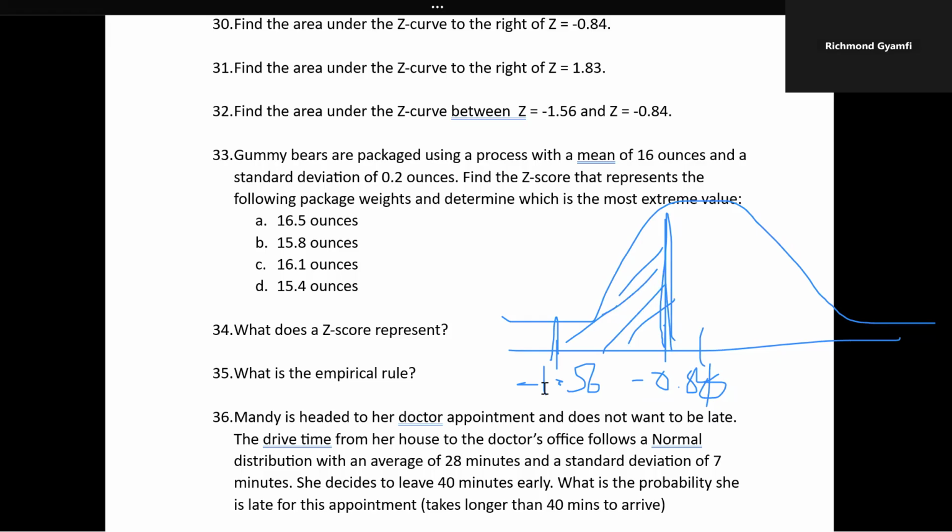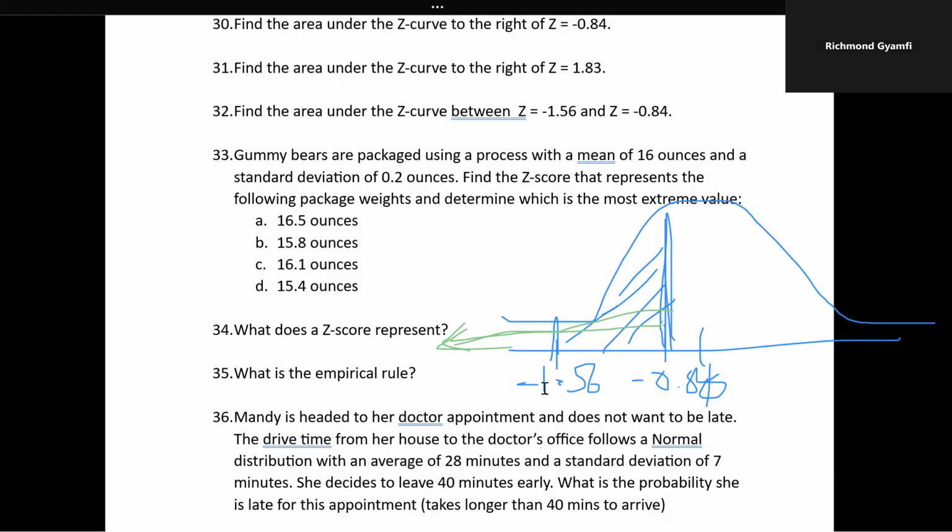But to find this area, first of all, I'm going to think of it this way. Find the area to the left of negative 0.84. If I find that area, it's everything to the left. I'll find that first.